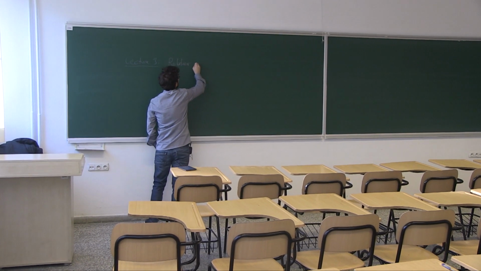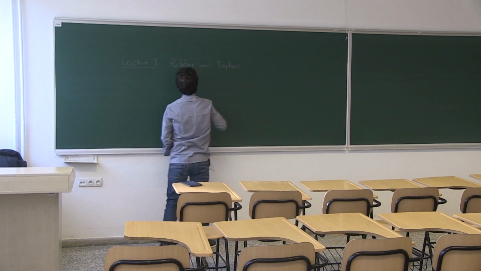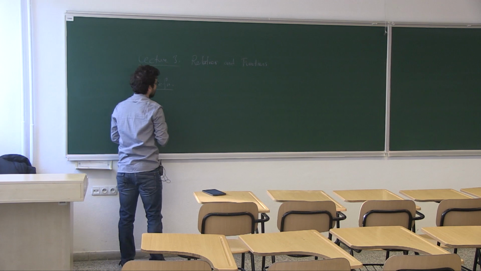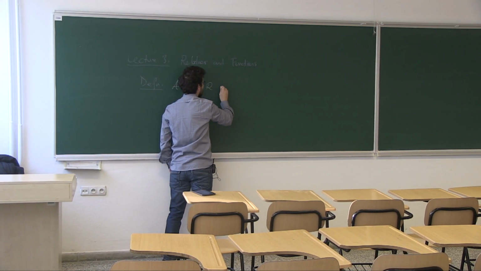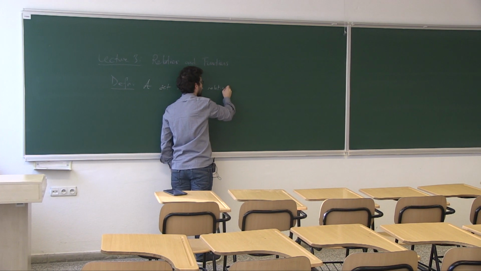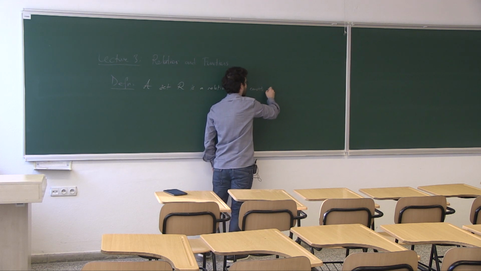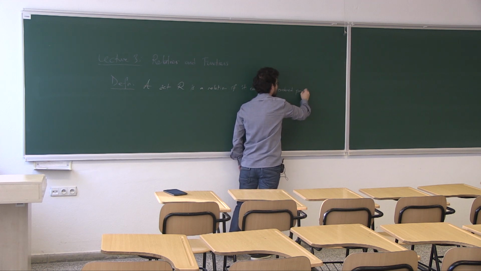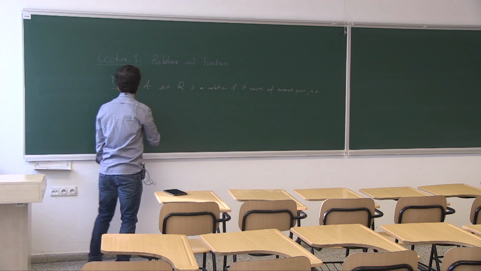In order to do that, we're going to first introduce the notion of a relation. Now, a set R is a relation if it consists of ordered pairs. Any set whose elements are ordered pairs is called a relation.